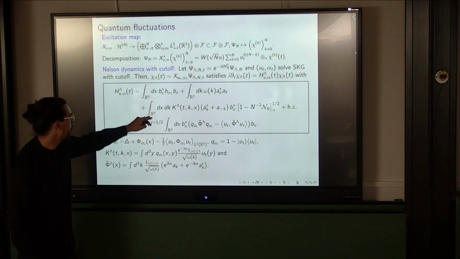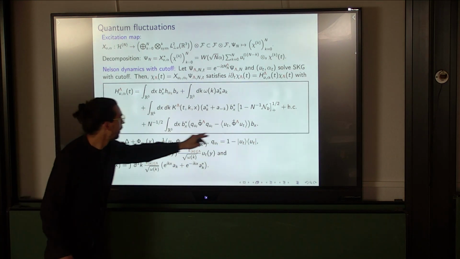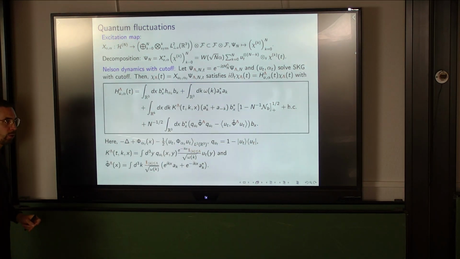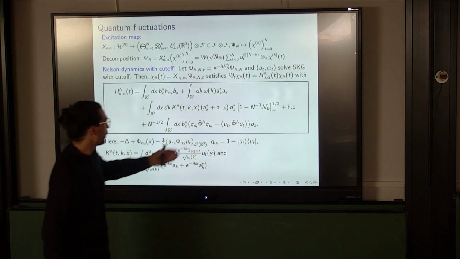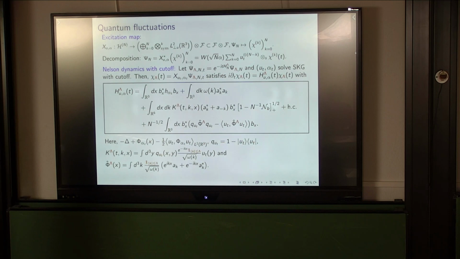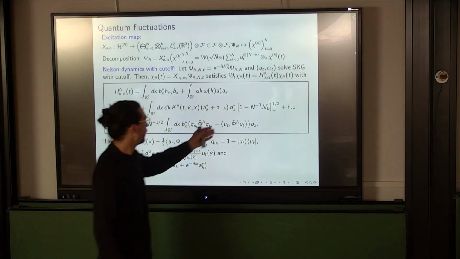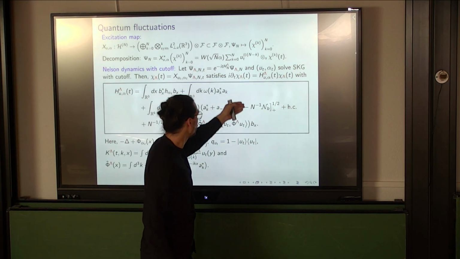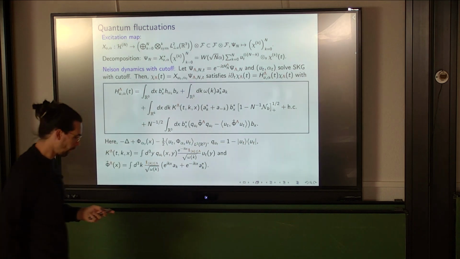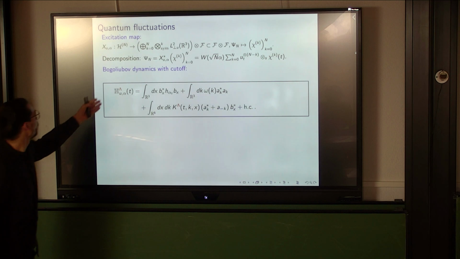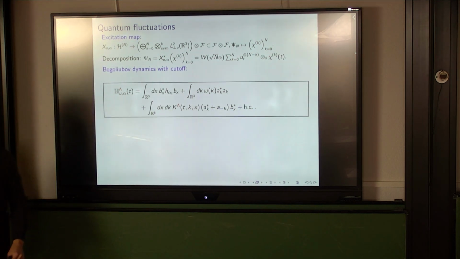Since we have a factor of 1 over square root of n, we believe that we can neglect this one. Also, like in Peter's talk, here appears the square root of 1 minus the number operator of the particles divided by n. One can, for example, do a series expansion of the square root and only keep the first order. If we do this, then one obtains the following Bogoliubov dynamics with cutoff.